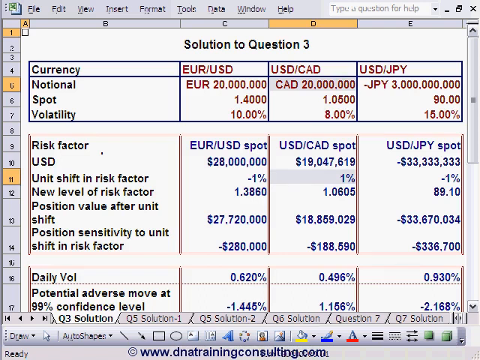The bank is also short 3 billion yen, which is also quoted as the term currency against dollar. So a negative 1% shift would have an adverse impact on the position.